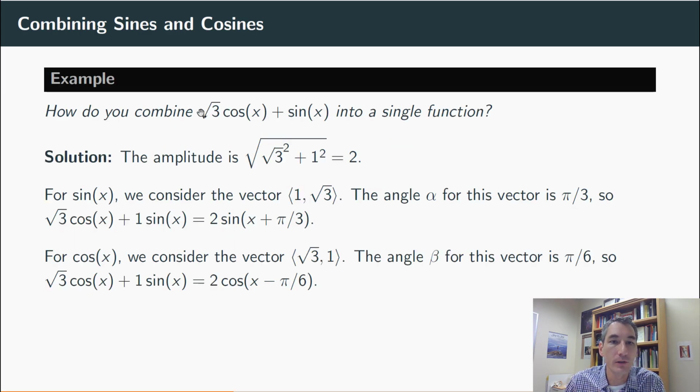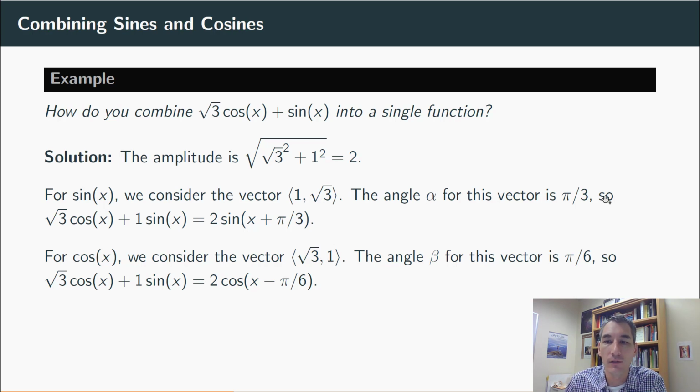For an example, if we take root 3 cosine plus 1 sine, well, root 3 squared is 3, 1 squared is 1, 3 plus 1 is 4, square root of 4 is 2. So we should get a 2 sine of 1x or a 2 cosine of 1x. And then in terms of what's the alpha and the beta here, you have to look at this vector or this vector and take the arctangent.